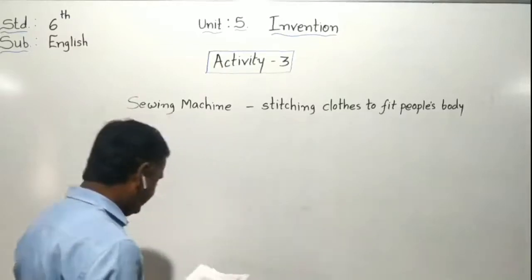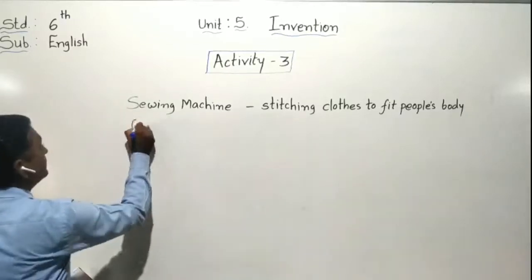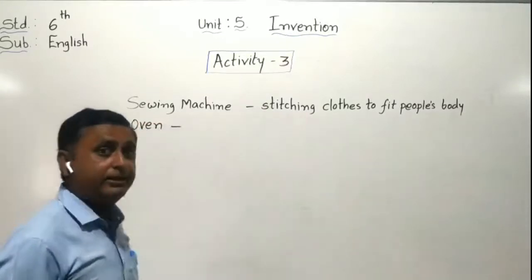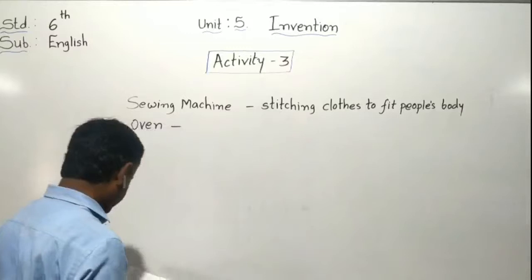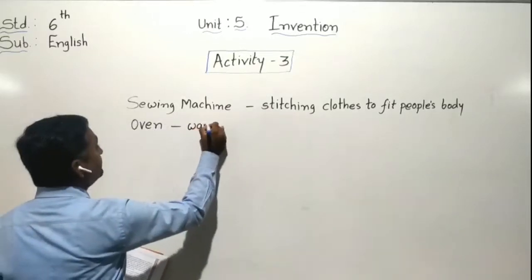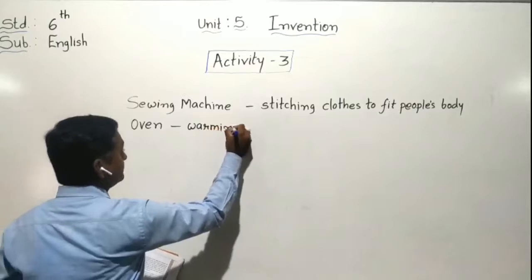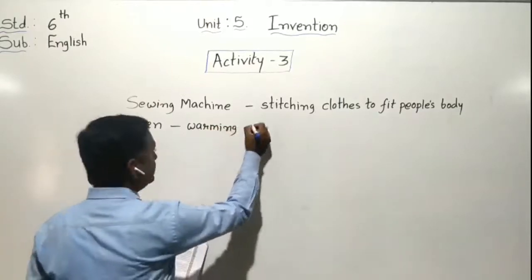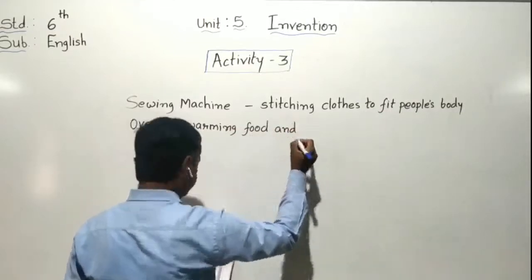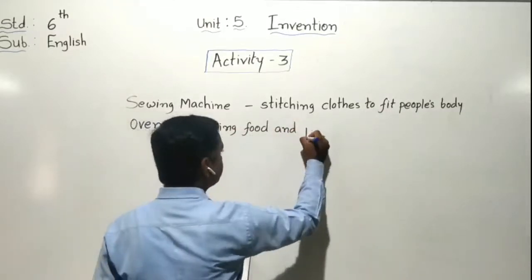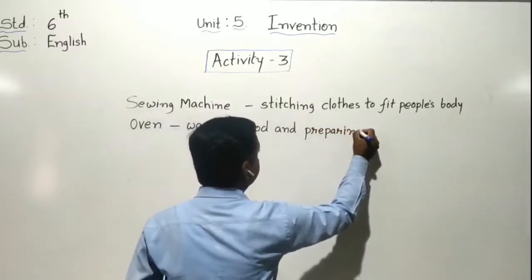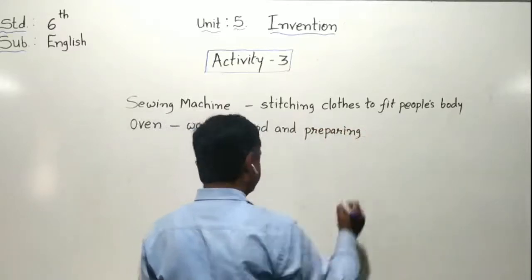Now the second invention is given here, oven. Everybody knows about it. Everybody has an oven at home. It is used for warming food and preparing some eatables.